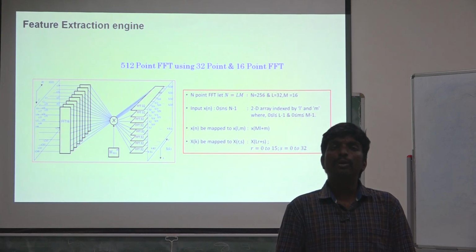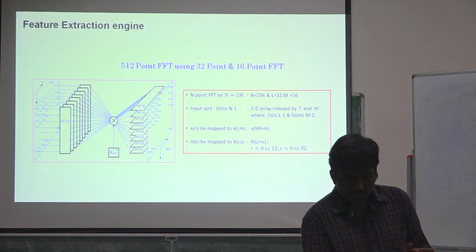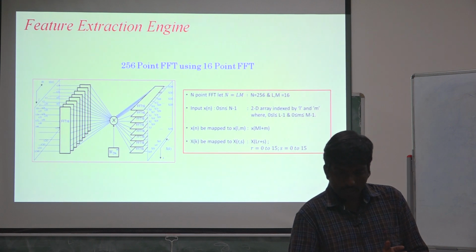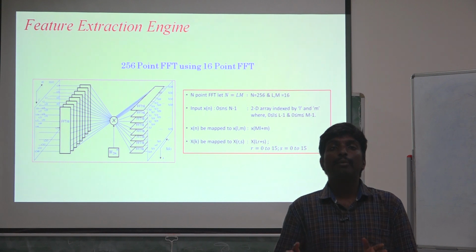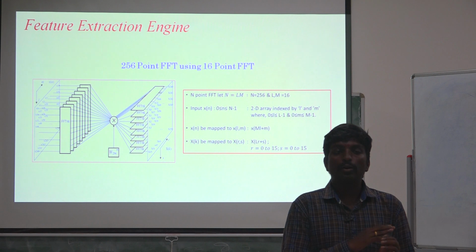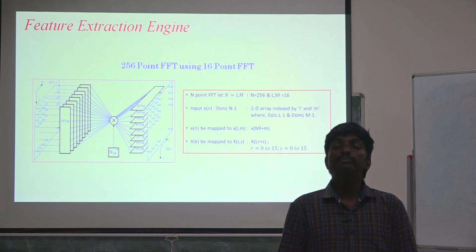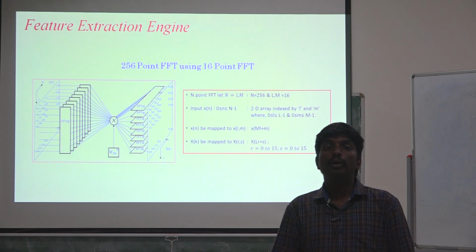Similarly, for the 512 point, it will be 160 samples, so 160 clock cycles are required. We have only 160 clock cycles, but the frames are 400 clock cycles, which is converted into a 512-point FFT.